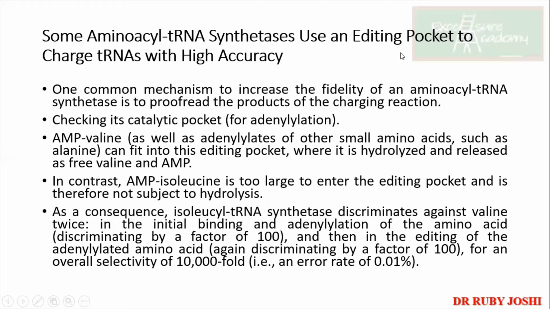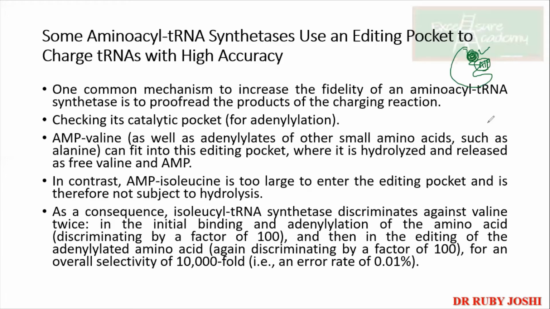As we have seen in the figure earlier, let us say that this is the pocket. So here your amino acid should come and sit. Now ATP is common to all, like all aminoacyl tRNA synthetases will have the same binding pocket for ATP because ATP does not change. The only difference will come in the case of the amino acid and the tRNA depending on the anticodons.